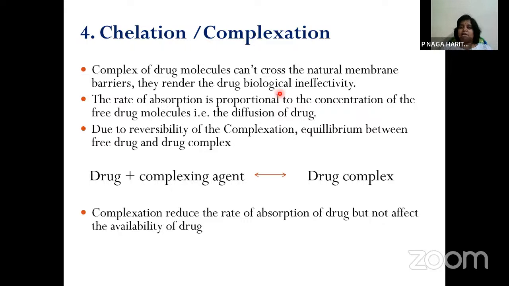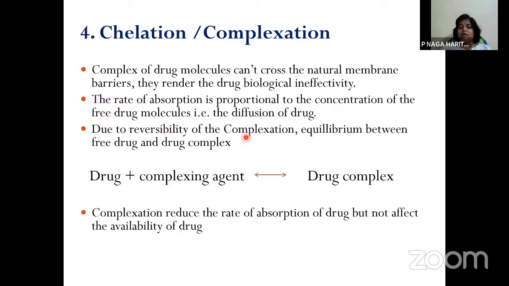So when this complex has been formed, the drug cannot cross the biological membrane, and when it is not able to cross the biological membrane, it is not able to show the biological effect. So the rate of absorption is proportional to the concentration of free drug molecules. That is the diffusion of the drug.